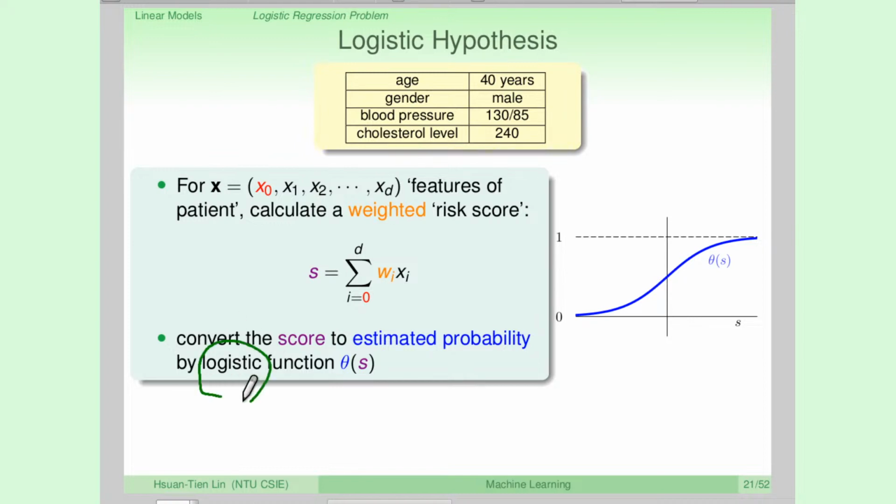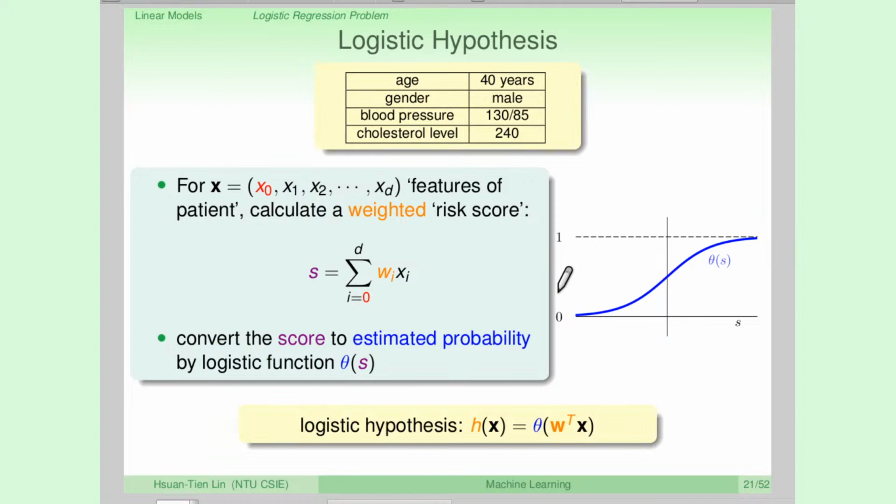It's S-shaped like this, and when s goes to infinity, the output value is close to 1. When s goes to -infinity, the output value is close to 0. That's the logistic function that we are going to consider for this soft classification problem, which is usually called logistic regression.